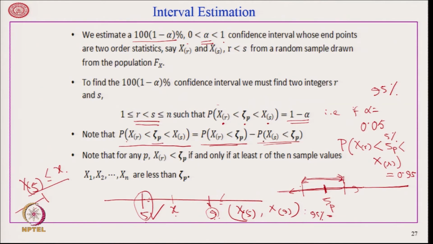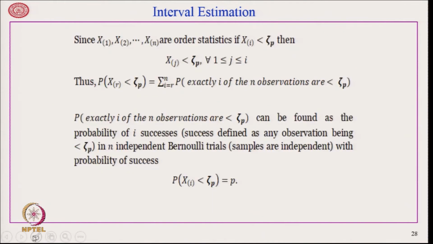We shall subtract the probability that x s is less than or equal to zeta p from the probability that x r is less than or equal to zeta p. This is what I have written here: for any p, x r is less than zeta p if and only if at least r of the n sample values are less than or equal to zeta p. Therefore, since x 1, x 2, ..., x n are order statistics, if x i is less than zeta p, then x j is less than zeta p for all j less than or equal to i.